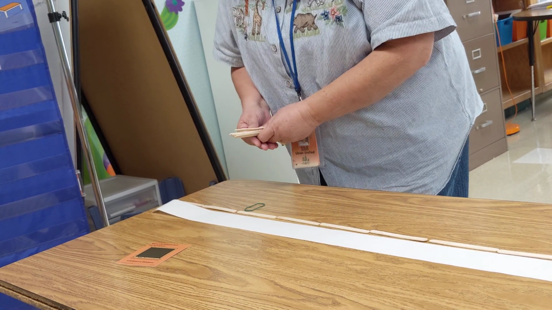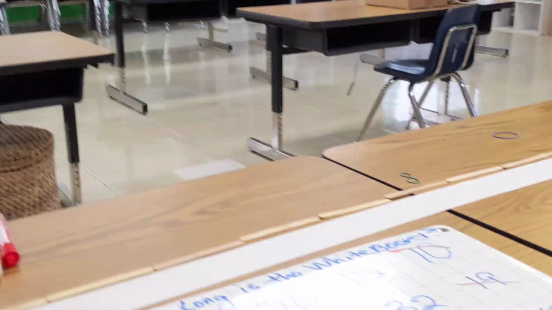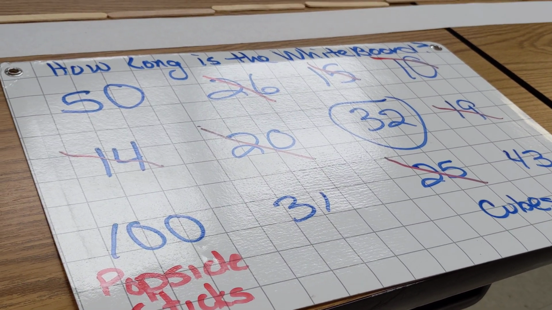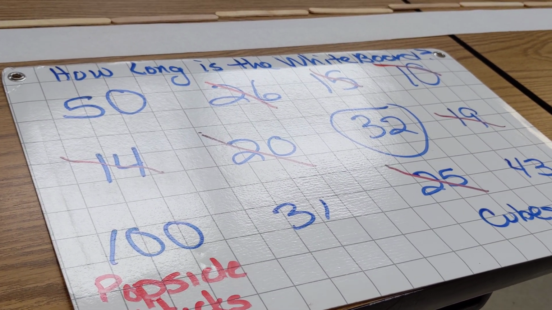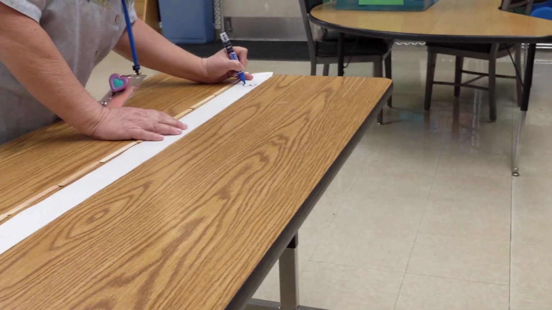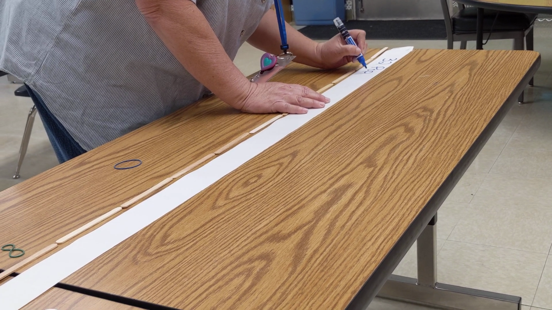Ooh. You think I can get another one? No, it would fall off. So 32 popsicle sticks. Let's go ahead and write. Look, there was a guess of 32. Nice job. I will start down here, and I'm going to write 32 popsicle sticks.